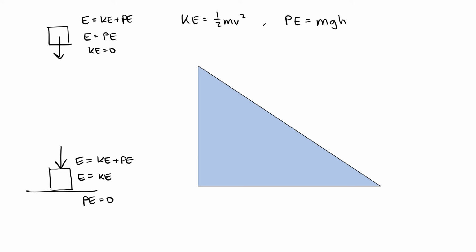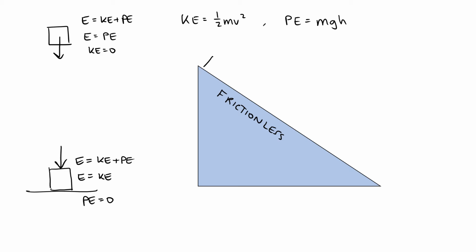So if we have this perfect ramp right here that is frictionless, it will have no non-conservative forces. That means it's sort of like sliding down a block of ice. So we have the same exact thing.